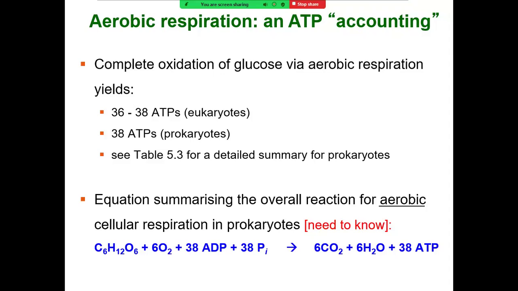Why do you think your heart, your liver, and your kidneys are more efficient than all the other cells in your body? You probably don't know about your liver and the kidney, but you should know, what is the heart always doing?